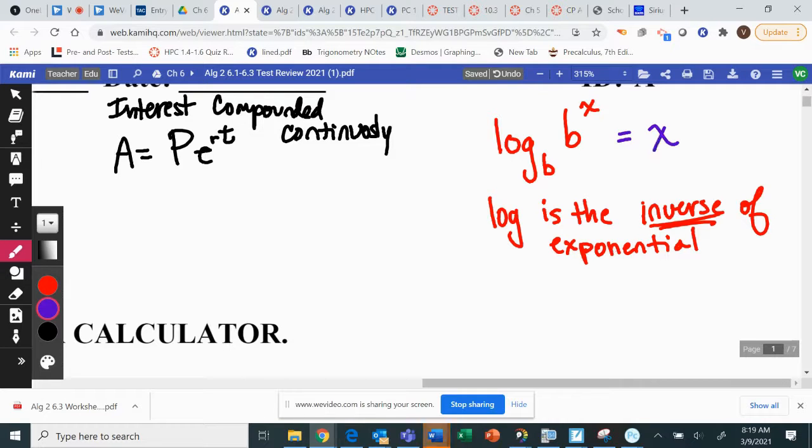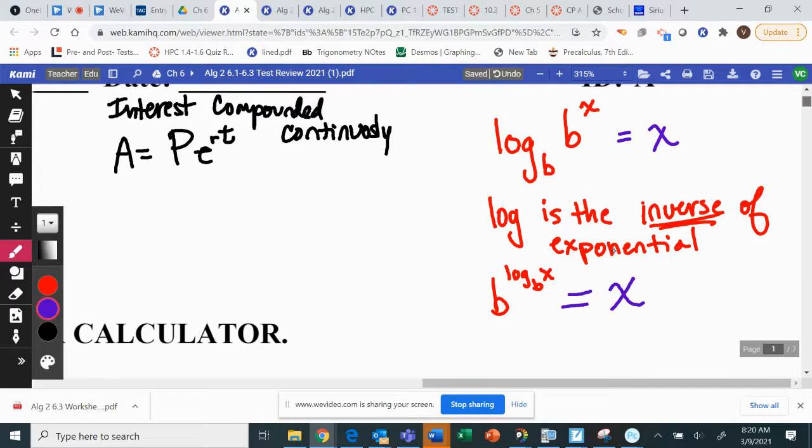So this answer would be x, right? If I have b to the log base b of x, this exponential and this logarithmic are inverses, and they would cancel, and we would get x. That's what inverses do. They undo each other.